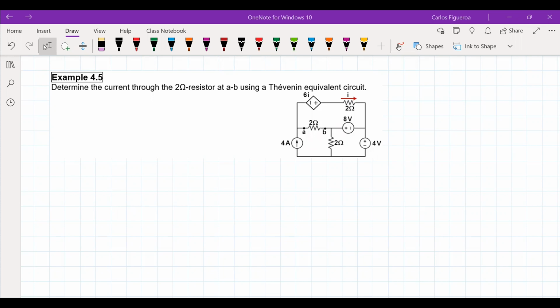Example 4.5. Determine the current through the 2 ohm resistor at AB using a Thévenin equivalent circuit. This is an important conceptual example.